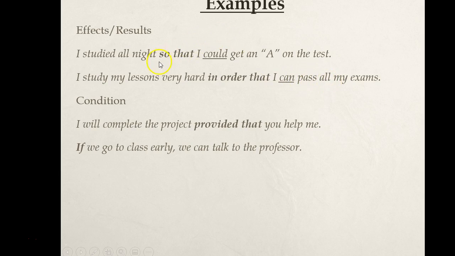So here, notice that when we use so that, sometimes students ask, what's the difference between so that and so? Well, usually with so, of course, so is a FANBOY, so we use it in a compound sentence. So that, we can use in a complex sentence, and usually it's followed by a subject and a modal verb, like could, and a base form of the verb.